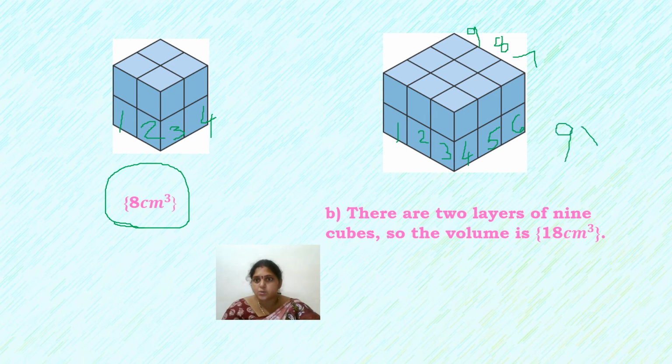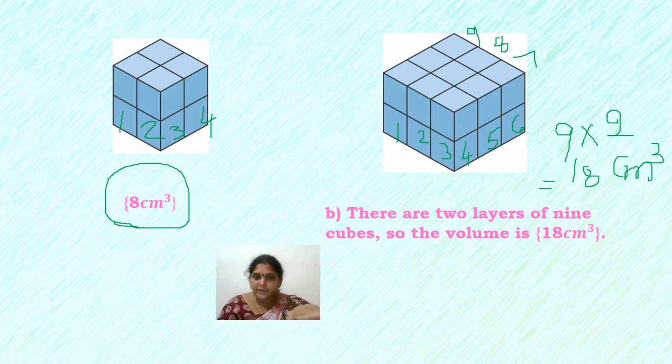So 9 into 2, that is equal to total 18 centimeter cube. If you are not able to identify the down layer, you just count the cubes on the top layer. 1, 2, 3, 4, 5, 6, 7, 8, 9. Right? Both are equal. So 9 into 2 or 9 plus 9, it is 18 centimeters cube.